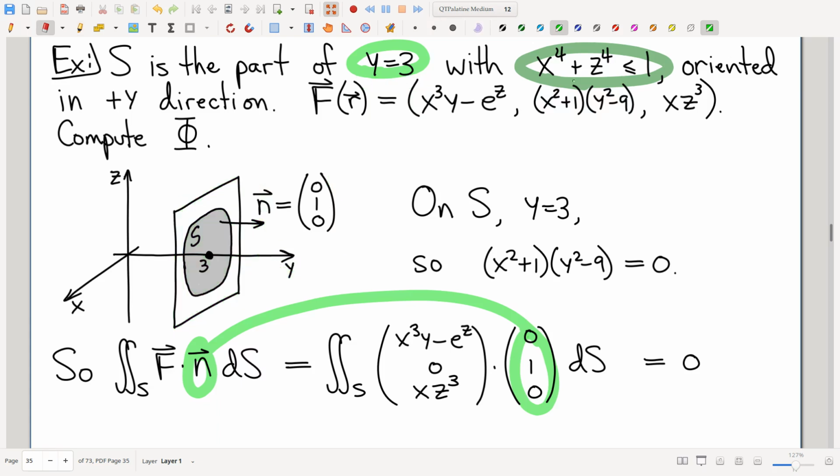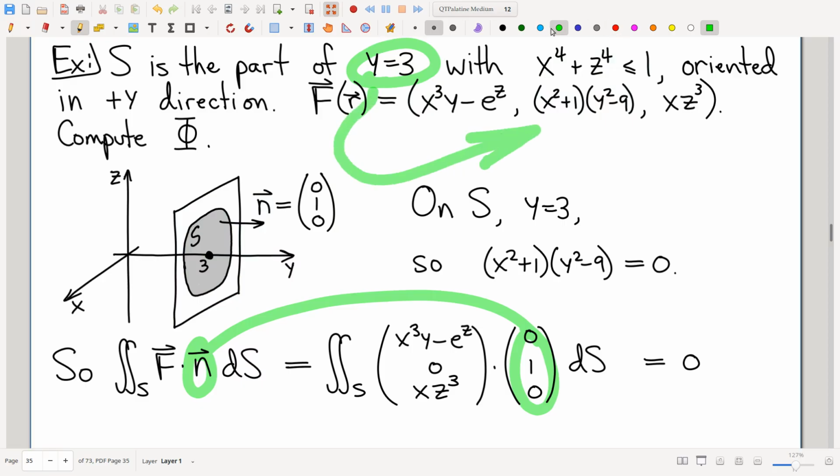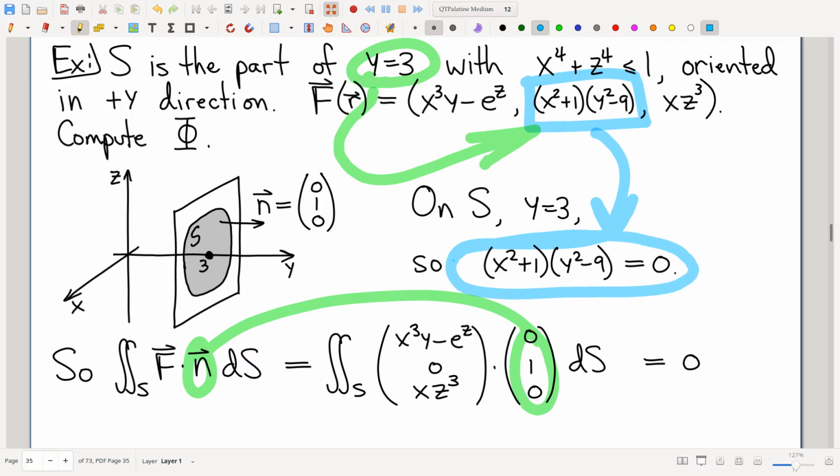Here's the other big win. From the same fact that y is equal to 3, that means that the second coordinate of my vector field is always 0. Now, it just happens to be the case, and sure is convenient, and something to be on the lookout for.